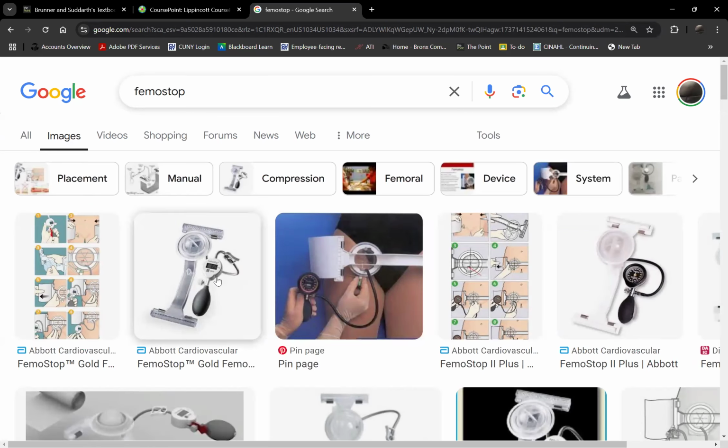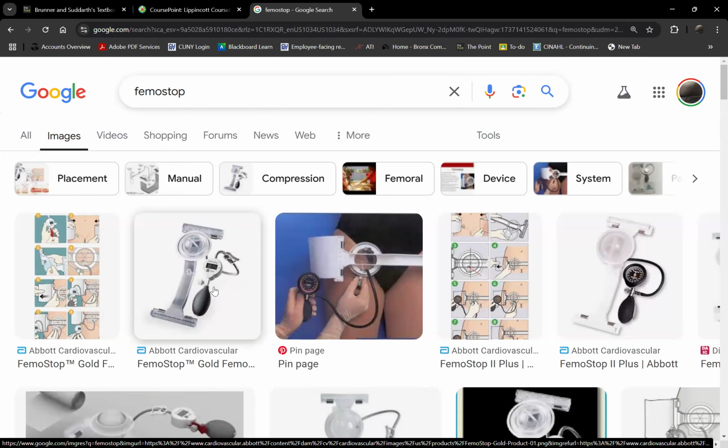You see there's a blood pressure inflator, this one. Okay, so how it works is you wrap this around the leg. So this is somebody's femoral artery. This is clear or yellow, so you put that there, then you wrap the strap around the patient's hip like this.